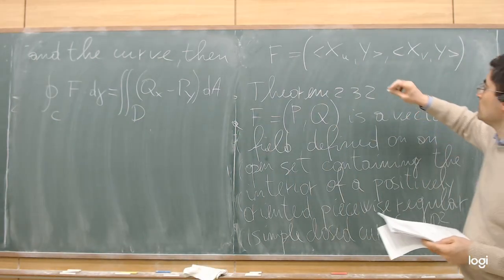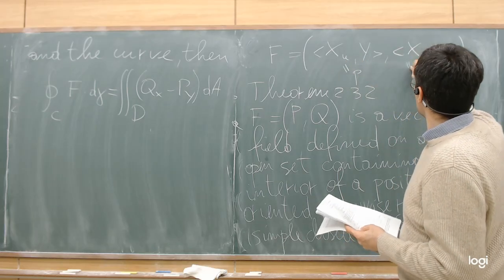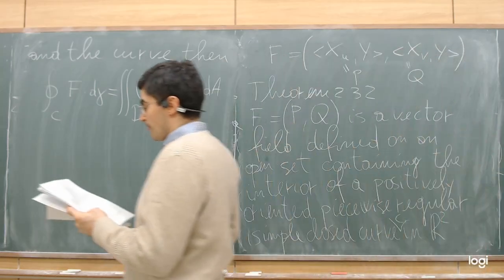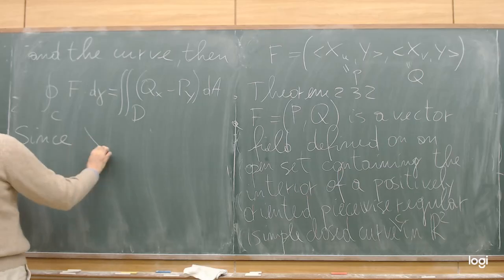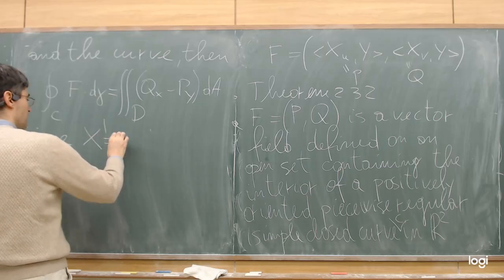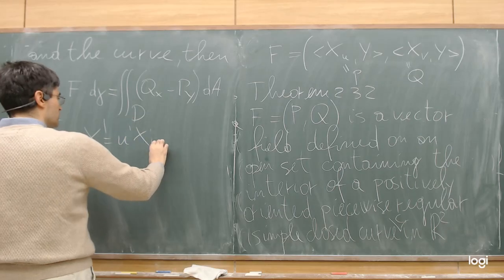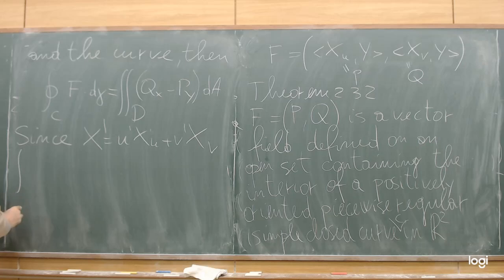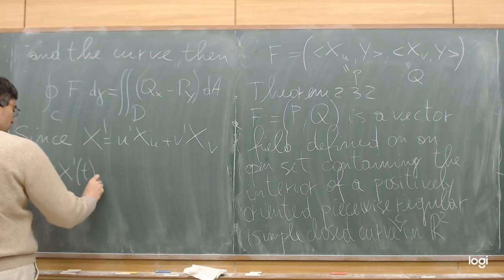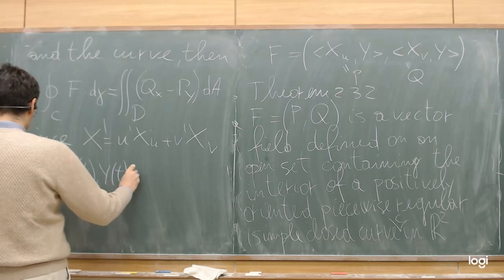Okay, so let's call P this function and Q this function. Then since x prime is nothing but an u prime x u plus v prime x v, then the integral from ti plus 1 of this inner product here.